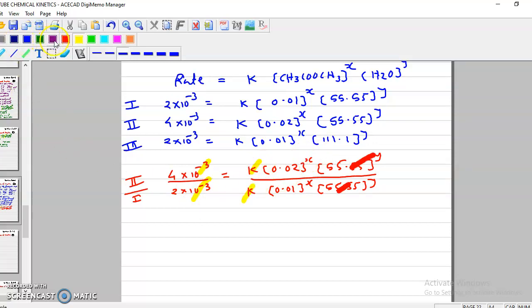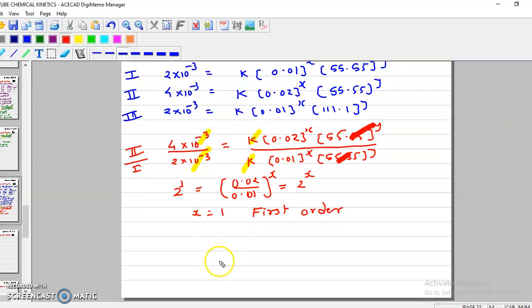So what is left? 4 upon 2 is 2. 2 raised to 1 is equal to 0.02 upon 0.01 raised to X, that is 2 raised to X. So here we can say that X is equal to 1. So this one will be of first order.